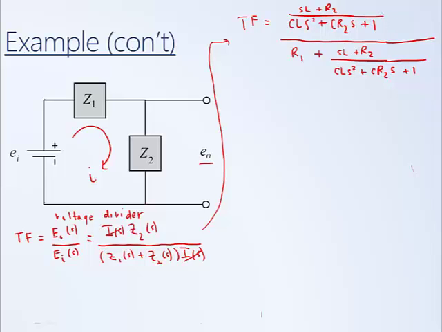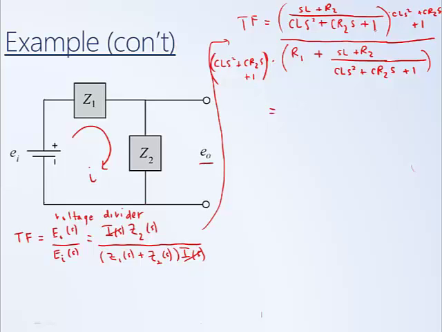The way that we can clear them out is to multiply through by the denominator. So if we multiply through by this denominator, CL S squared plus C R2 S plus 1, and do the same thing down here, CLS squared plus CR2S plus 1, then we can clean this up.